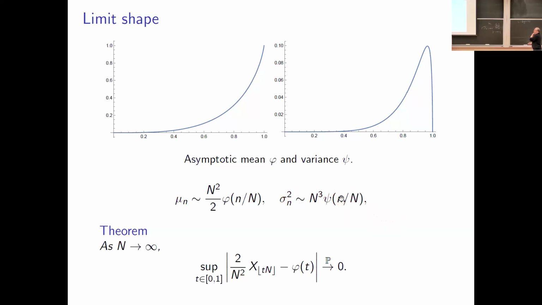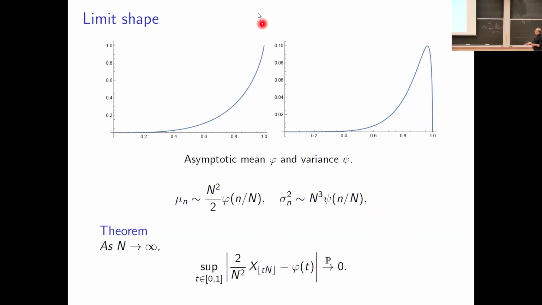So μn behaves like that, and the variance of the number of edges behaves like that. Well, with this in hand, it's not hard to prove the limit shape theorem, which says that in probability, the number of vertices scaled this way will converge to this limit shape. Sorry, not the number of vertices, the number of edges.